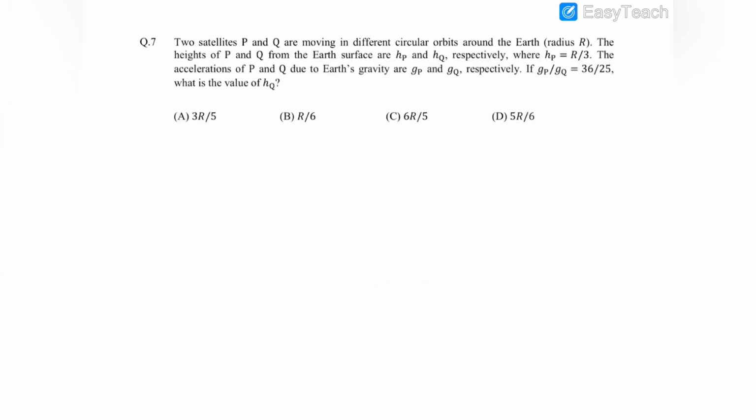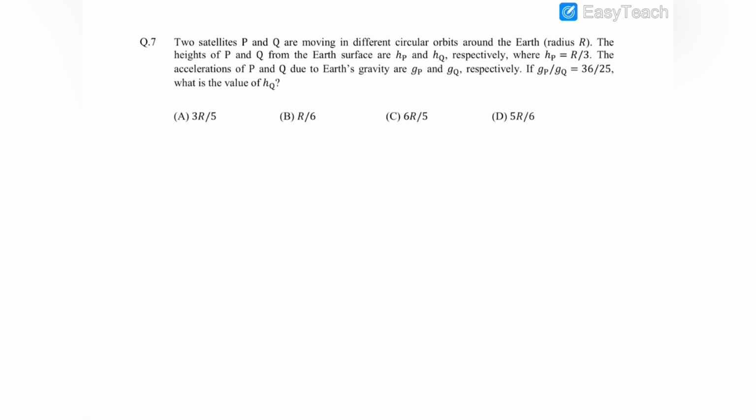In this question, you can see that there are two satellites P and Q which are revolving around the Earth in circular orbits of different radius. The height of first orbit is r by 3 from the Earth's surface, and the height of second orbit is hq. Now it is given that the ratio of acceleration due to gravity gp and gq is 36/25.